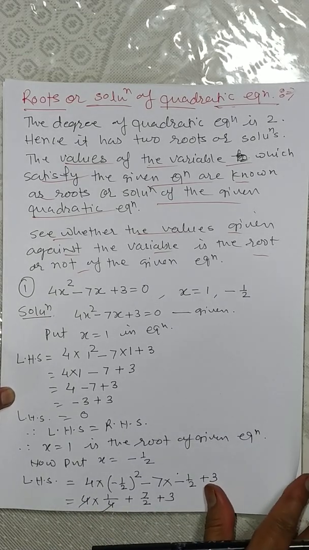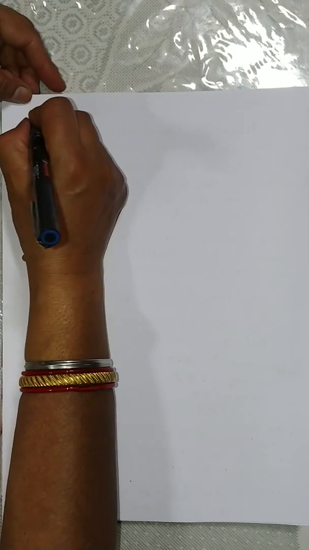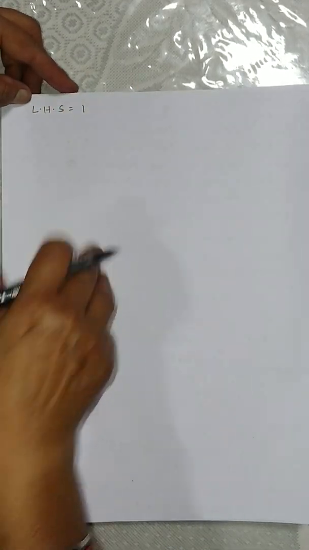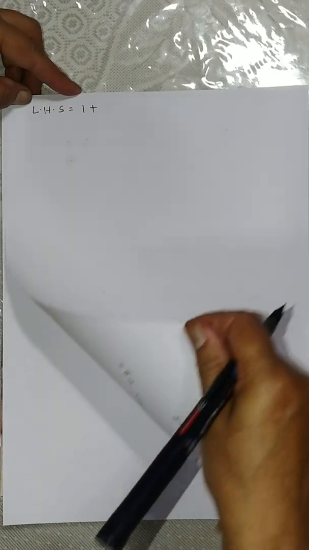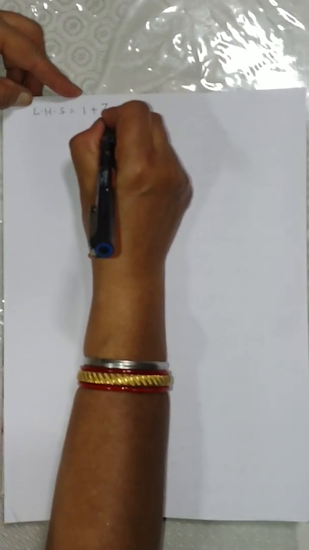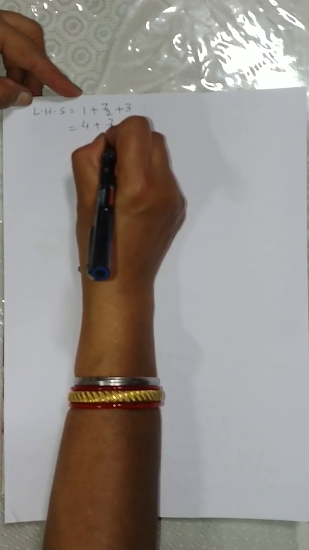So we get 1 plus 7 upon 2 plus 3. 1 plus 3 is 4 plus 7 upon 2.